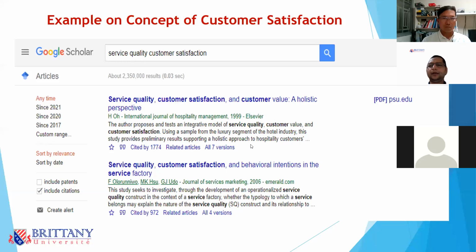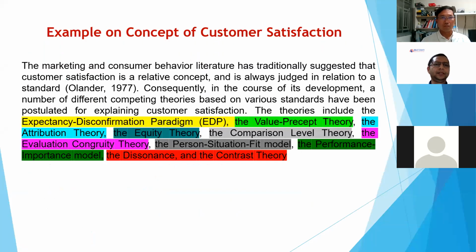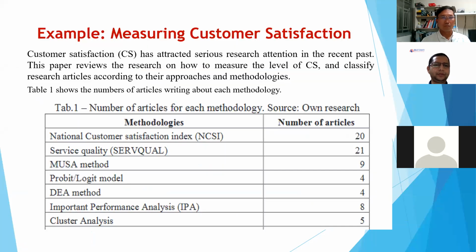Now, how many did I say? I said minimum 30 to 40 or 50 articles you need to find on the same topic, and you will do a mapping. How to do the mapping? Let me share it with you. So this is how you will find the information, right? We'll be coming into this.